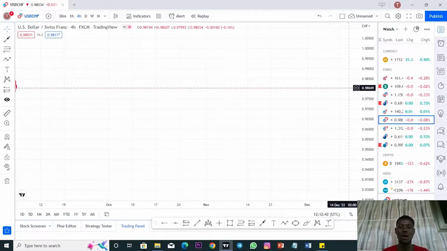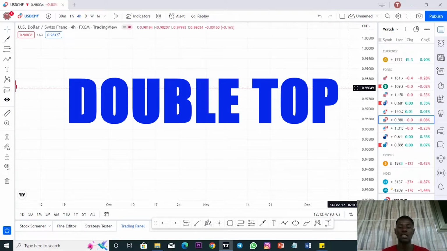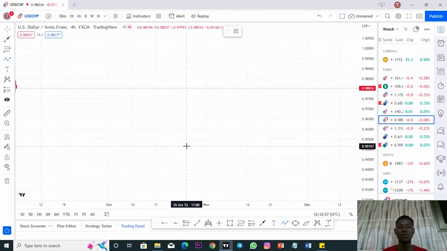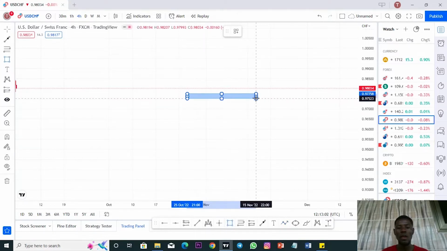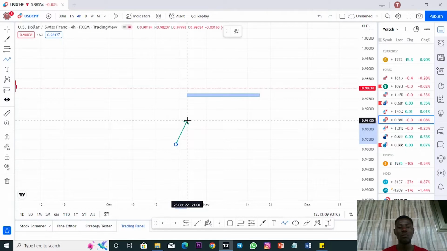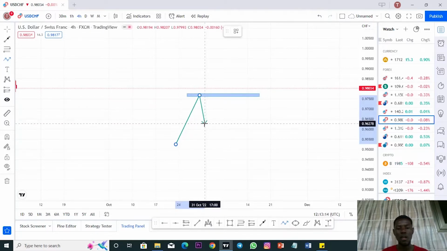Our first pattern will be the double top pattern, and this is how it is created. Most of the time you will see a support and a resistance region here, and price will move from a lower high, then reject the resistance region, come back down, then go back there again.